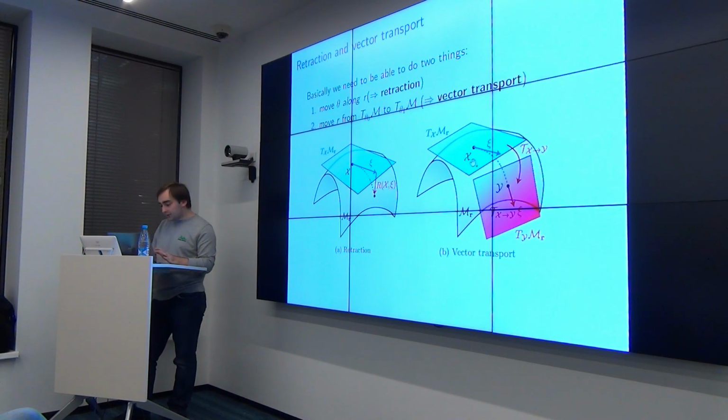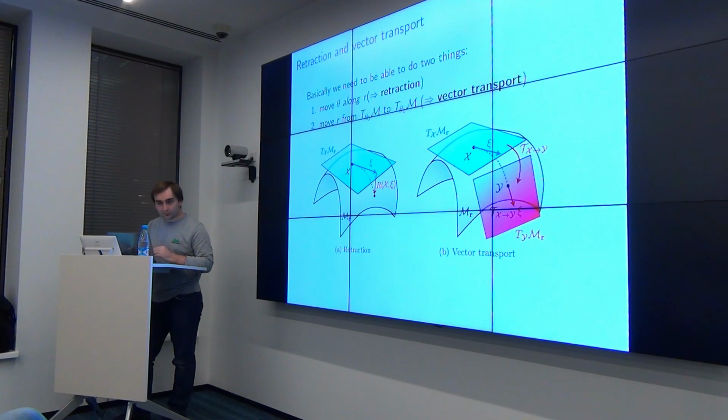The same thing holds for the vector transport. You can take some vector psi and move along it, and your tangent vector will also be transported to the new point. And we need to define somehow retraction and vector transport for orthogonal matrices.